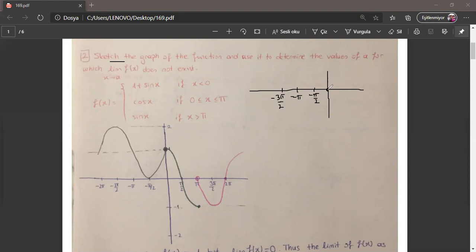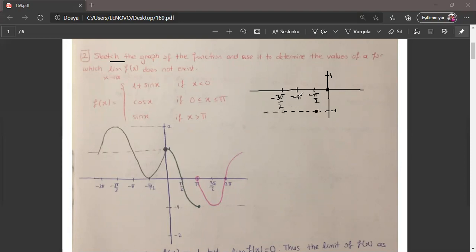So at the point 0, sinus is 0. What about sinus of minus pi over 2? Here we have minus 1 and 1, so it is minus 1.